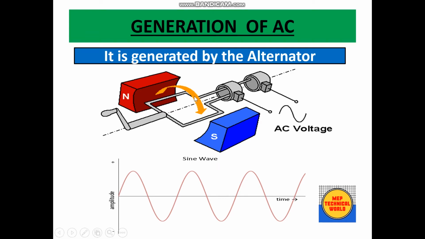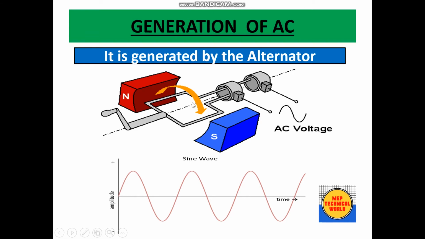Now, I am going to explain how to generate AC by using an alternator. In this picture, consider the stationary magnetic field with a coil inside the uniform magnetic field. The load is connected across the slip rings and brushes. When the coil rotates inside the uniform magnetic field at constant angular velocity, an electromotive force is induced in the coil.